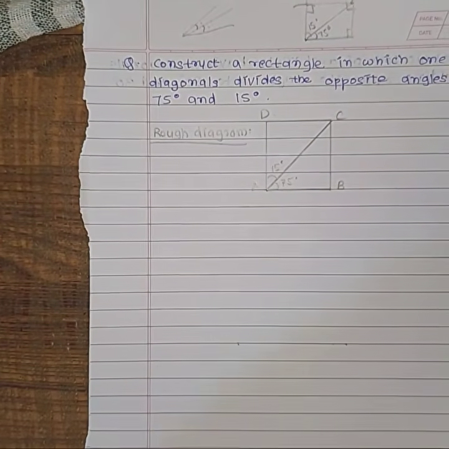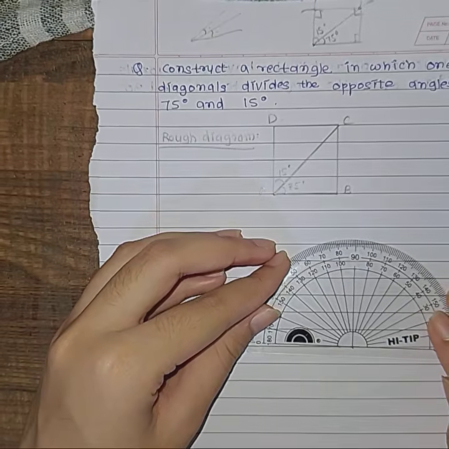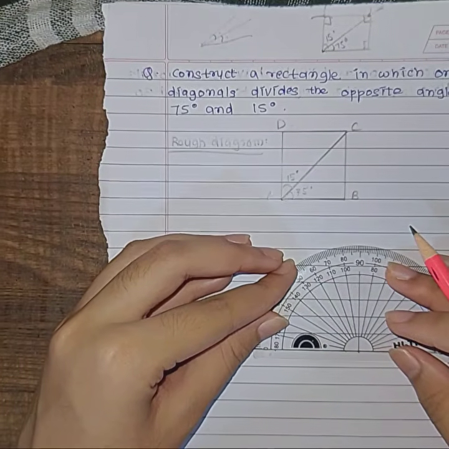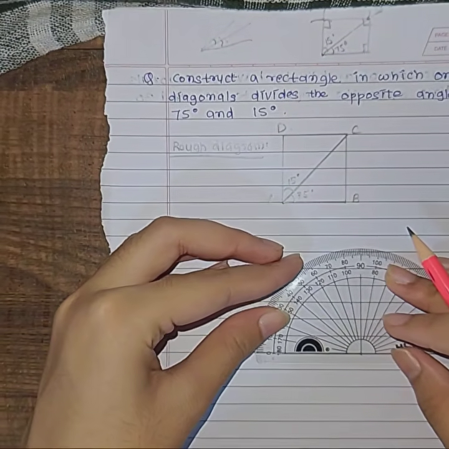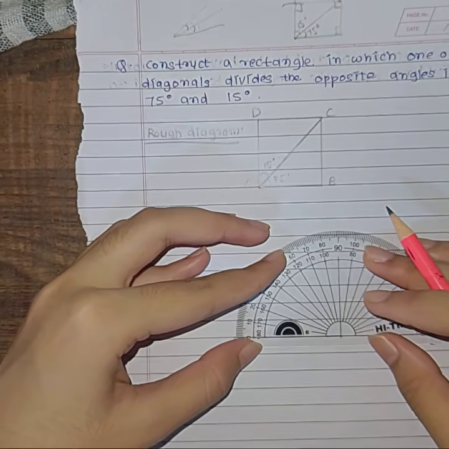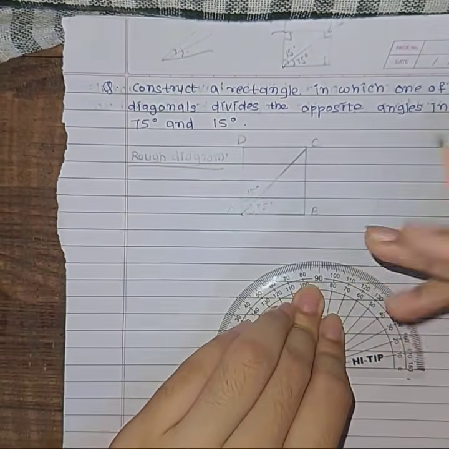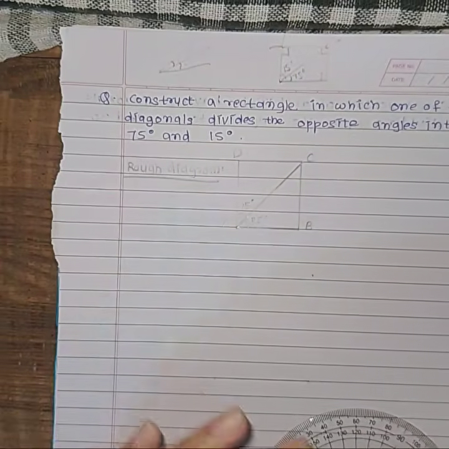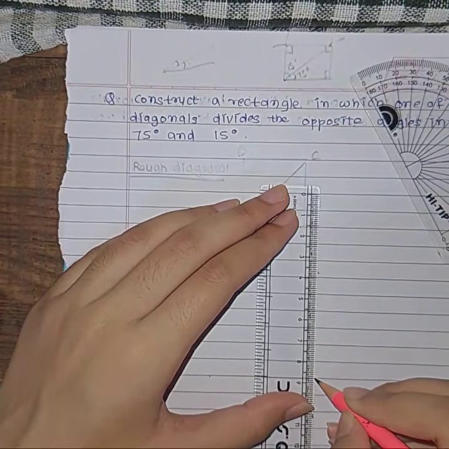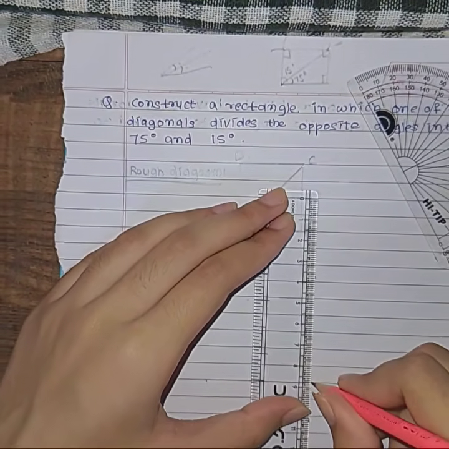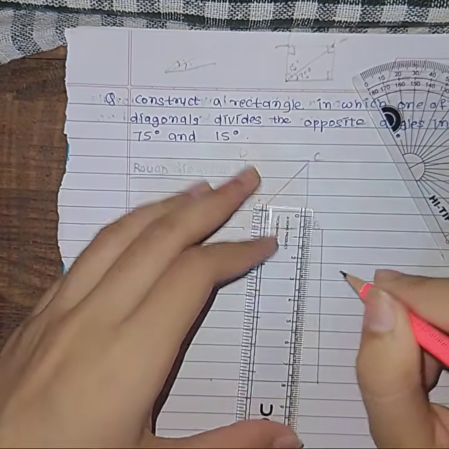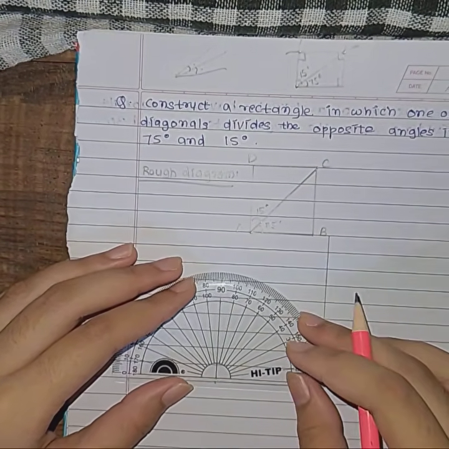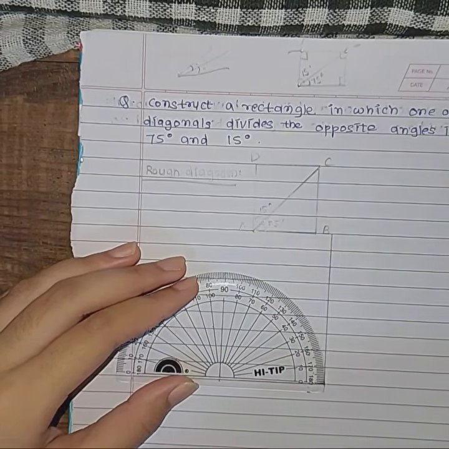Then I'll draw a perpendicular line, straight line. And 75 degree is going to go long.